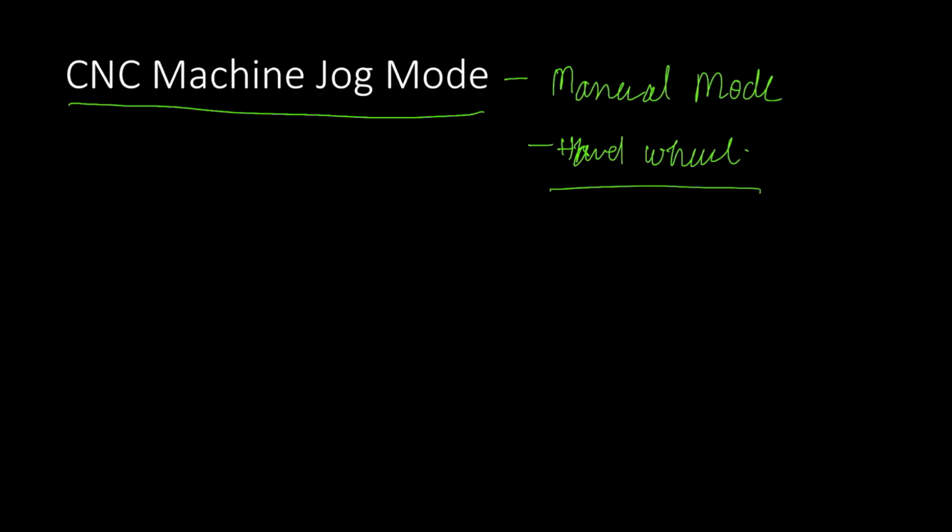Or instead of the joystick, if your machine has a turn wheel, then if you move it clockwise, it will move the table in a certain direction, and when you move the wheel counterclockwise, it will move in the opposite direction.